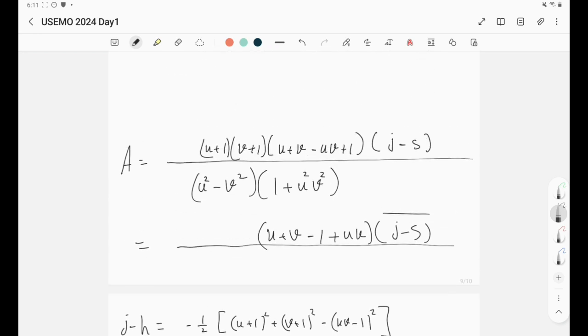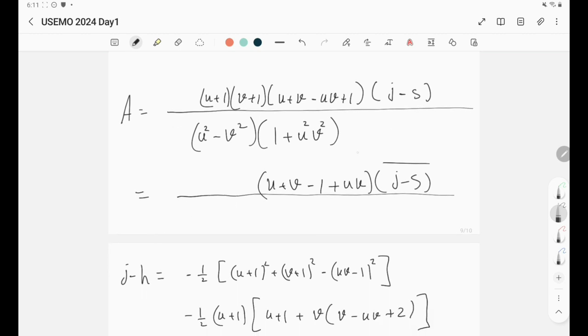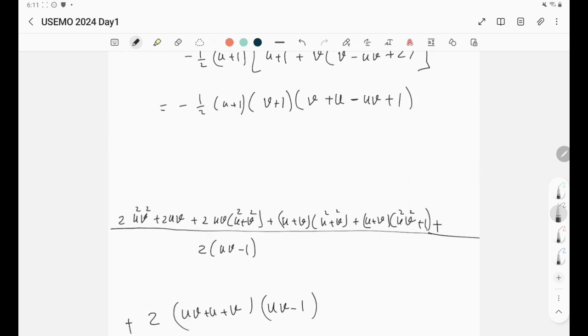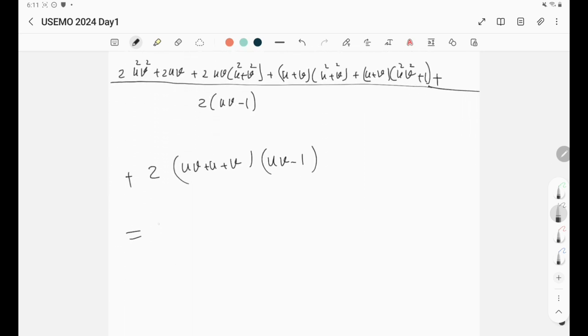Let me make sure I didn't screw up something here. No, I think, yeah, exactly. This is the conjugate of this after we multiply by uv. So yeah, this thing should have this as a factor. So this thing is degree 2. Remember, this thing is degree 5. So degree 2 is actually good. Of course, here we're just trying to guess.